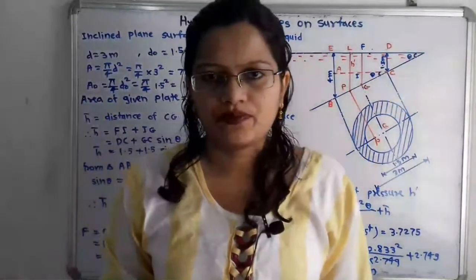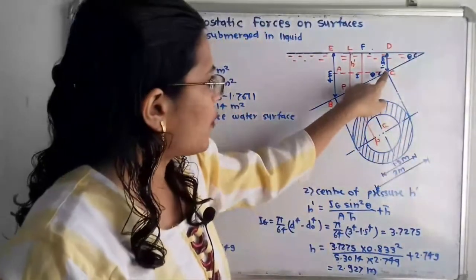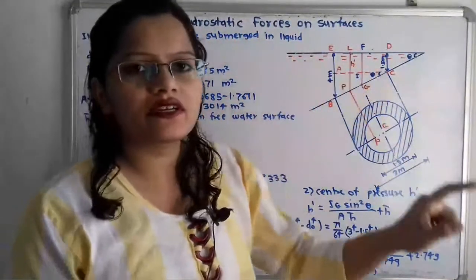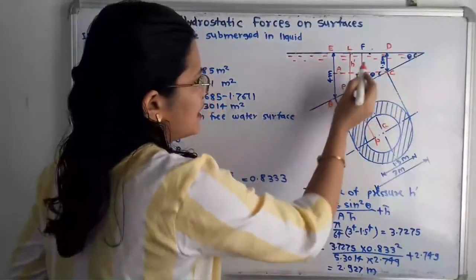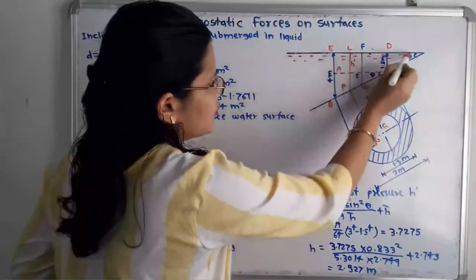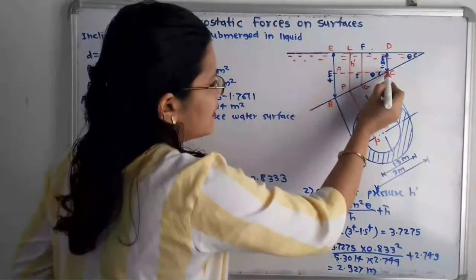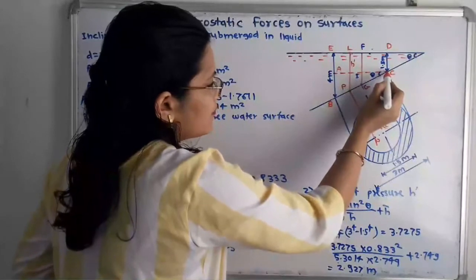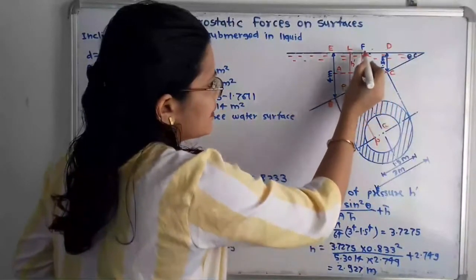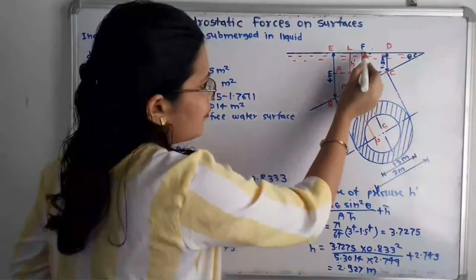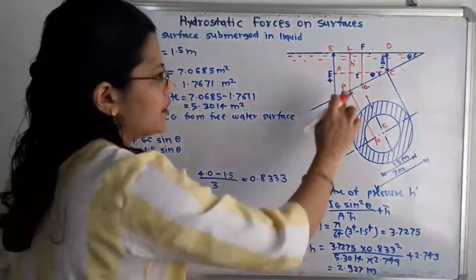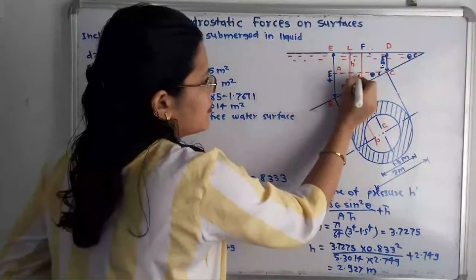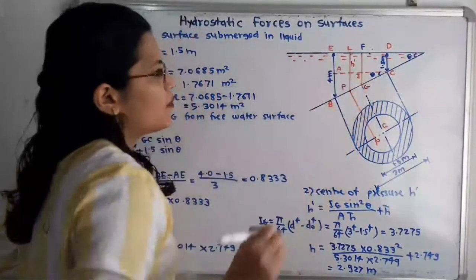Now from this point C we have to draw one horizontal line. So here is the free surface of water, that is also a horizontal line, and if I draw one horizontal line, then the point of intersection with the line FG we will call point I. So I will draw it with the help of a red marker. So this is the point I.